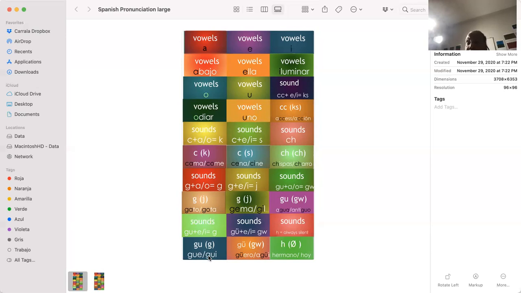So the U has at least three or four sounds. The CH only has one sound, where in English it has about four or five.